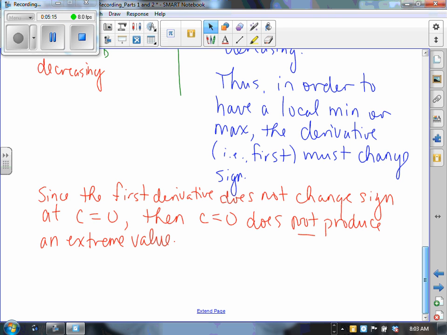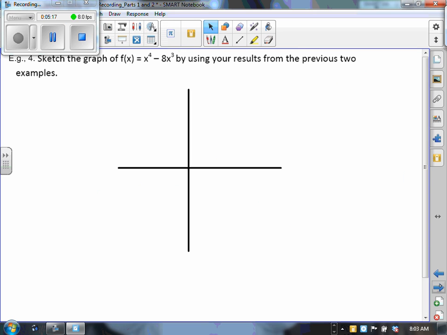So to wrap this up, using all of the information we've gathered so far, we're going to sketch a graph of the function. Let's first think about things that we already understand about quartic functions. If we look at the lead coefficient, here we have a 1, so a is greater than 0.